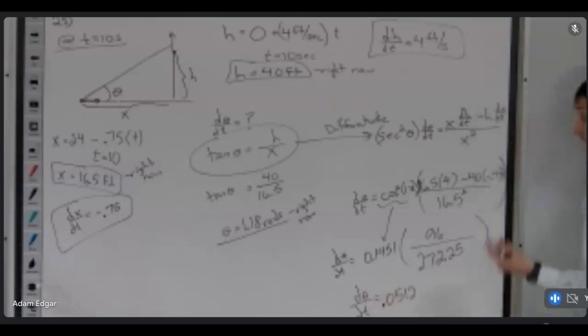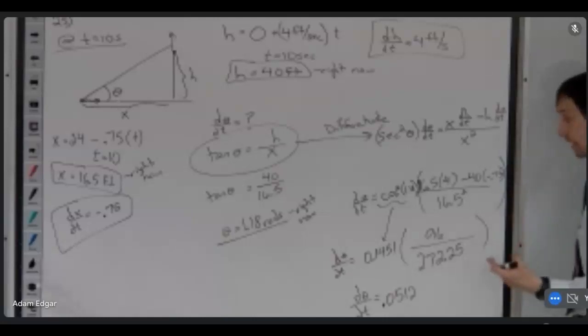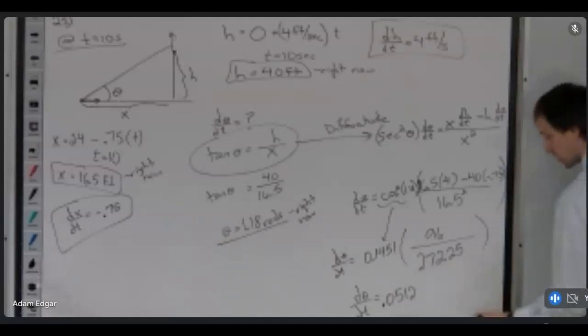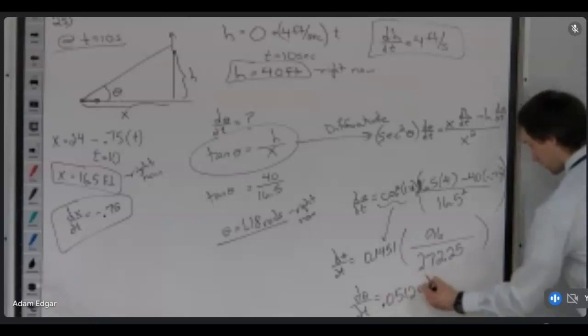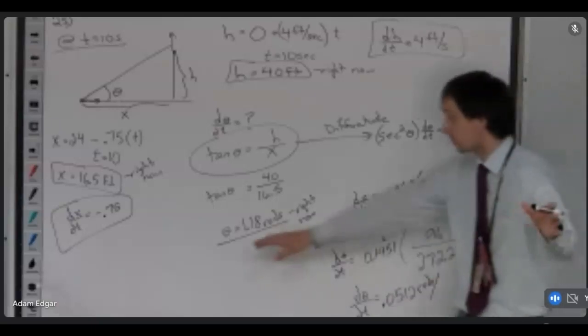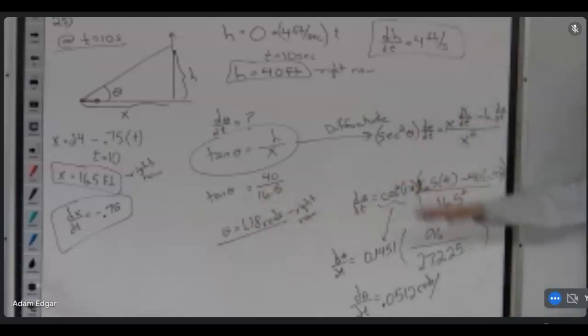Our units for the rate of change of the angle always are going to be in radians per time. So even if I went with Iman's original number of 67 degrees and change, this will still be 0.0512 radians per second.